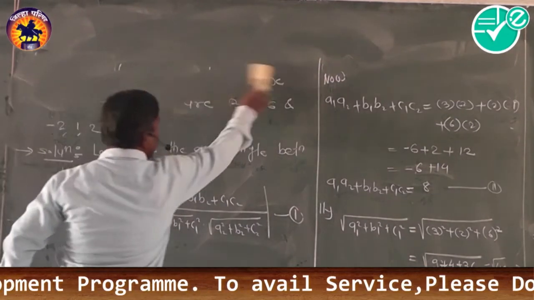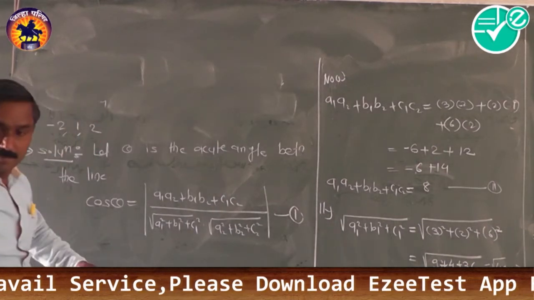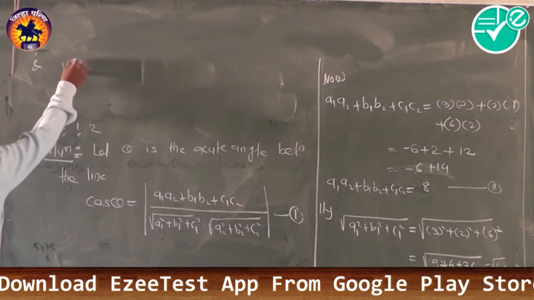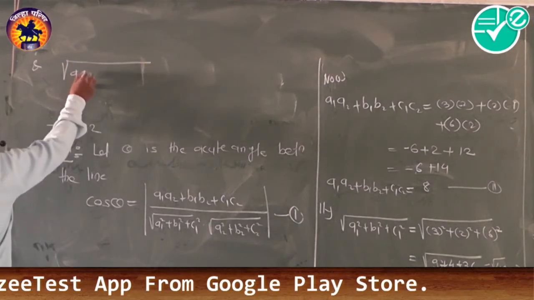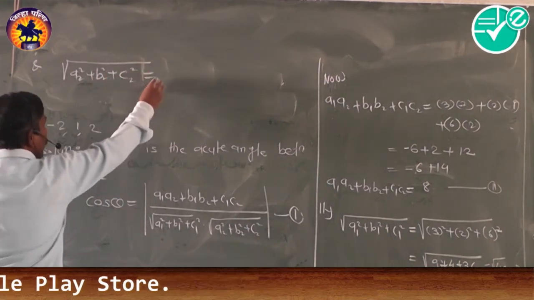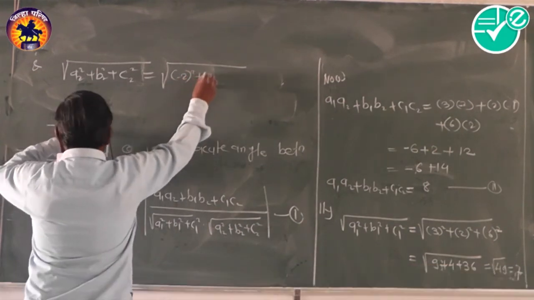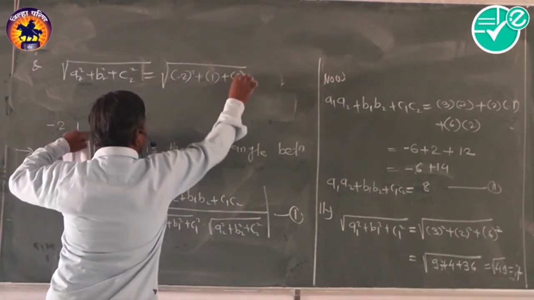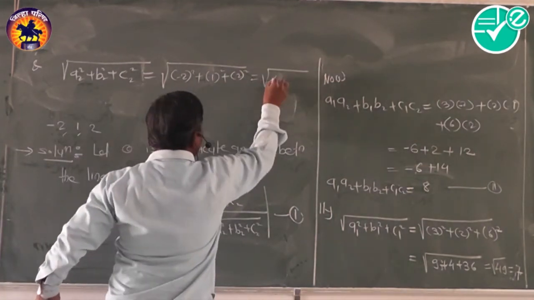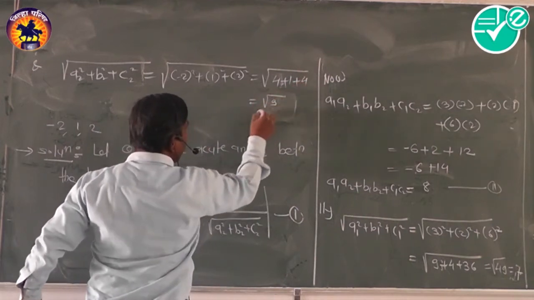And lastly, under root of A2 square plus B2 square plus C2 square is equal to minus 2 square plus 1 plus 2 square. So this is 4 plus 1 plus 4, so this will be 9, that is 3.